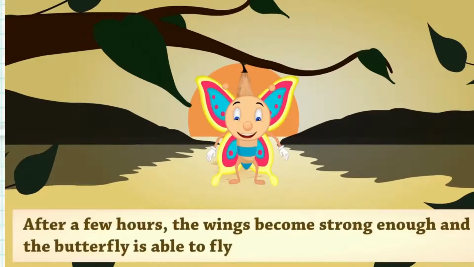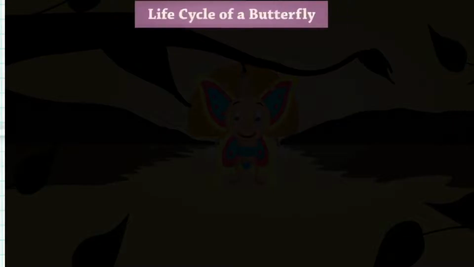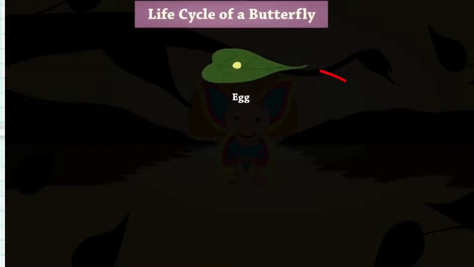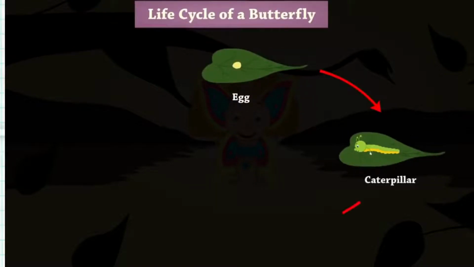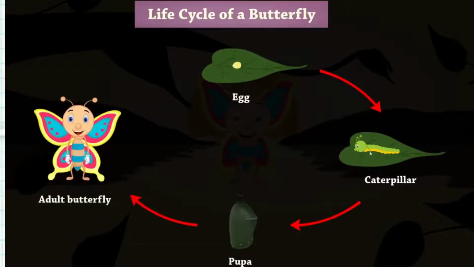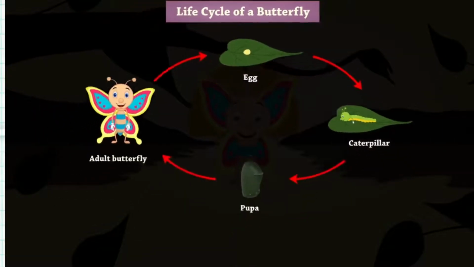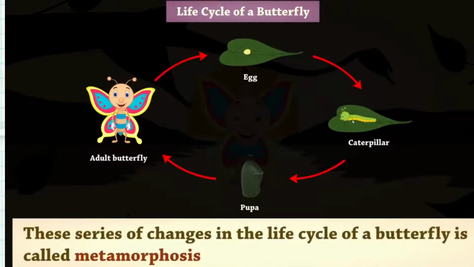After a few hours, the wings become strong enough and the butterfly is able to fly. These series of changes in the life cycle of a butterfly is called metamorphosis.